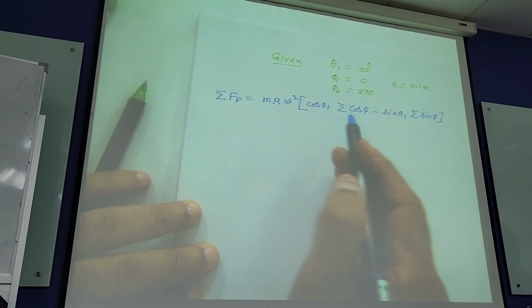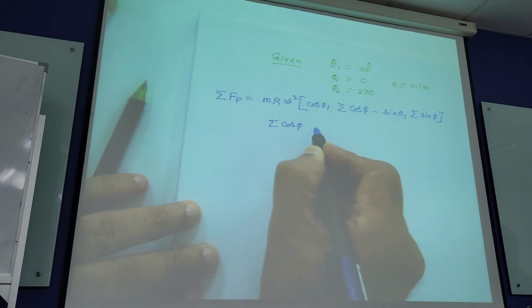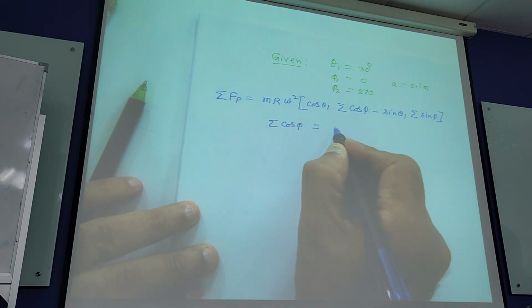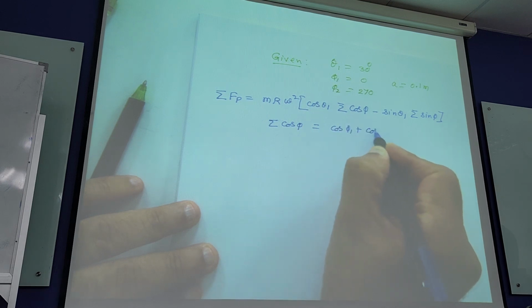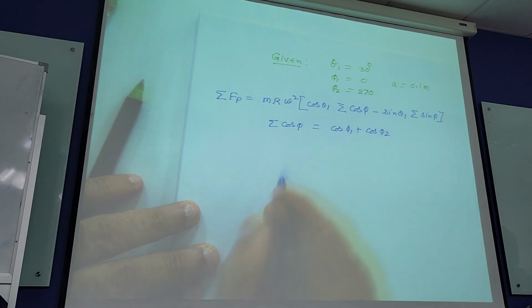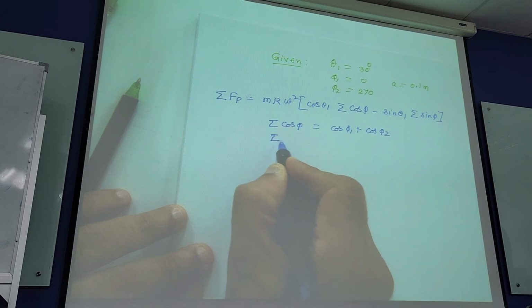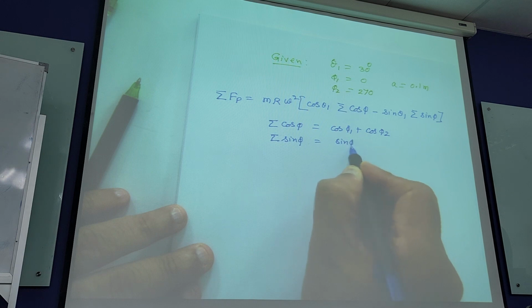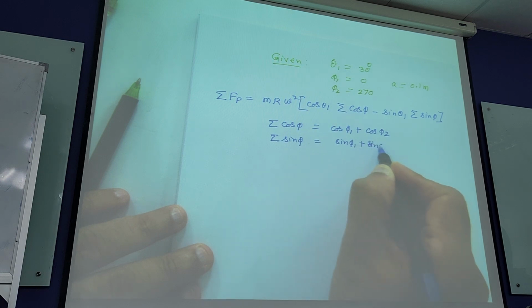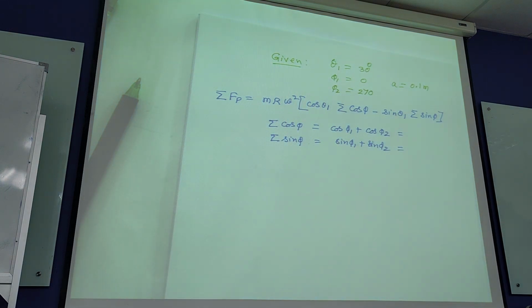Now we calculate the sum of cosine phi, which is cos phi 1 plus cos phi 2, and similarly the sum of sine phi. Just calculate and tell me what is the sum of cos phi and the sum of sine phi.